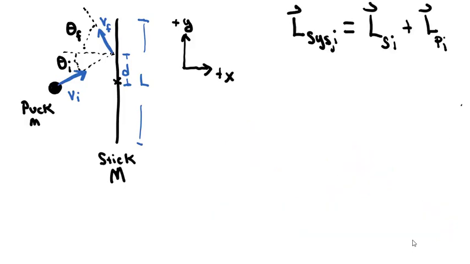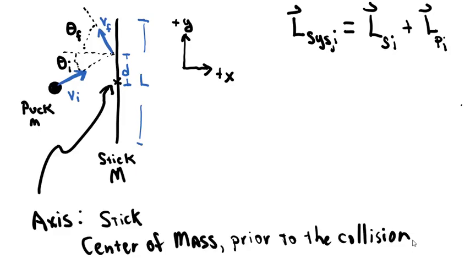The total system angular momentum initially is the vector sum of the total angular momenta of the stick and the puck. As always, with rotational quantities, we need to choose the location of our axis. A good choice here is to take the location of the stick's center of mass prior to the collision as our axis location.